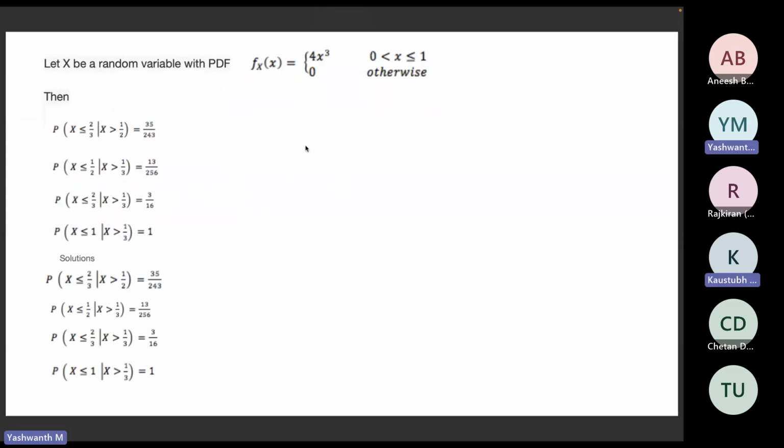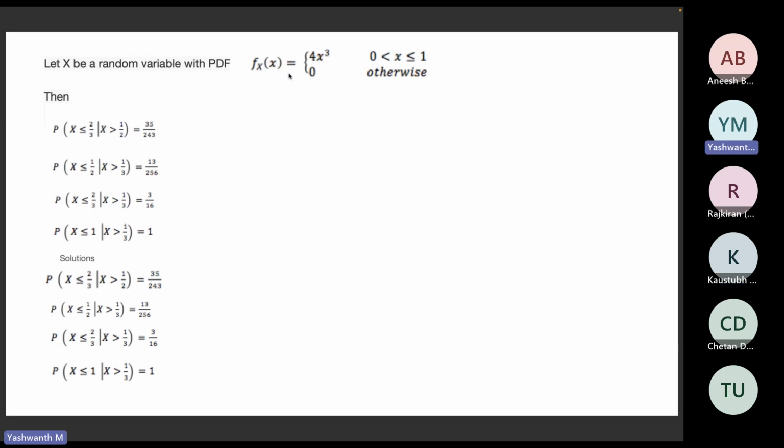Yeah, so X is a random variable with this PDF, and you can see this is a valid CDF. You are asked to find each of these quantities. So how do you do this? I'll just explain in principle what is to be done.